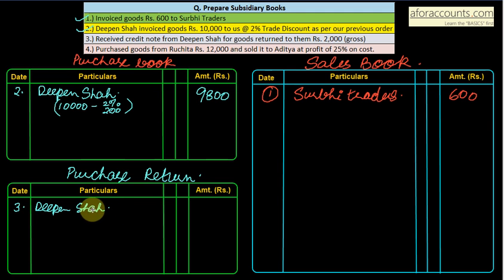Okay, 2,000 gross. So 2,000 gross. Now to make it net, less 2% of your trade discount, that comes up to 40. So 2000 minus 40 comes up to 1960 in the outer column.